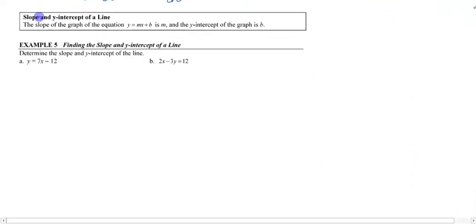So the connection is that this number that's in front of your x is your slope, your rate of change. And how is it that the y-intercept of the graph is b? How do you find y-intercepts? You make the x 0. So if you have this equation and you've made x 0, then we get y equals b. So then your y-intercept, again, is (0, b).